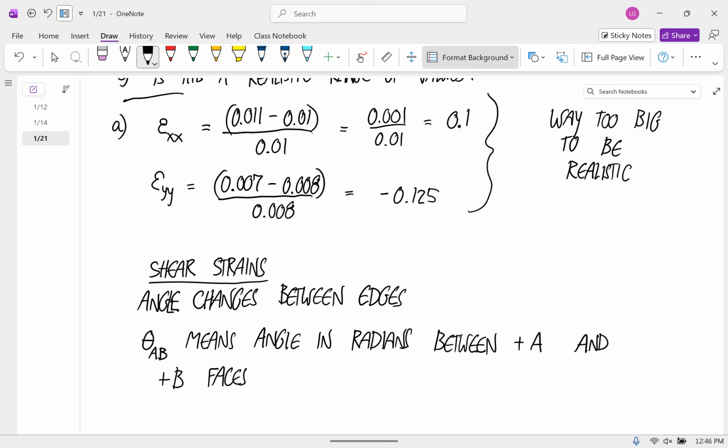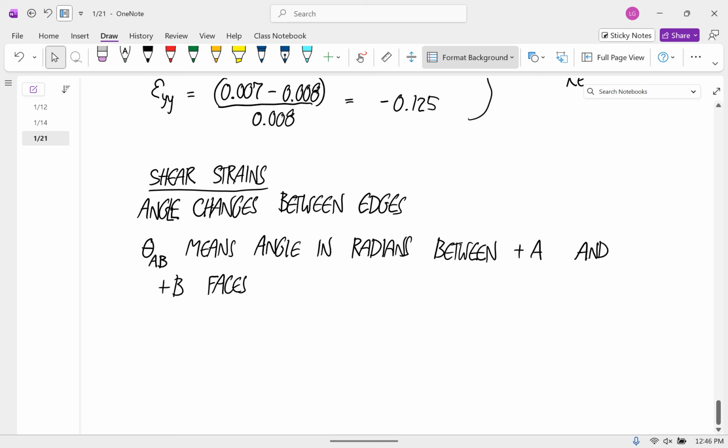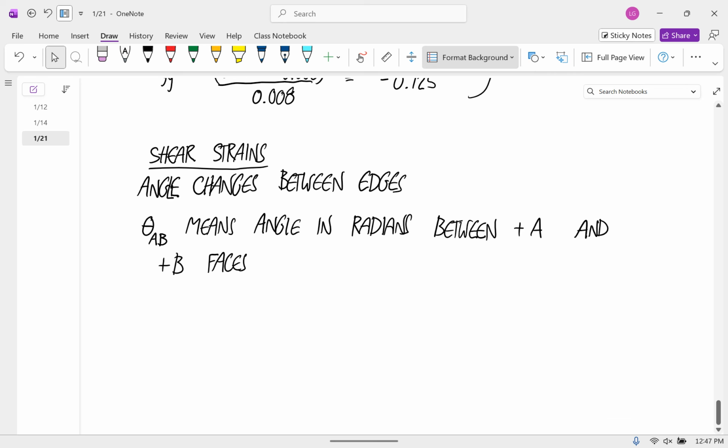And that's going to be important because that's not going to be the same as the angle between, say, the positive A and the negative B face. And this is after the deformation.